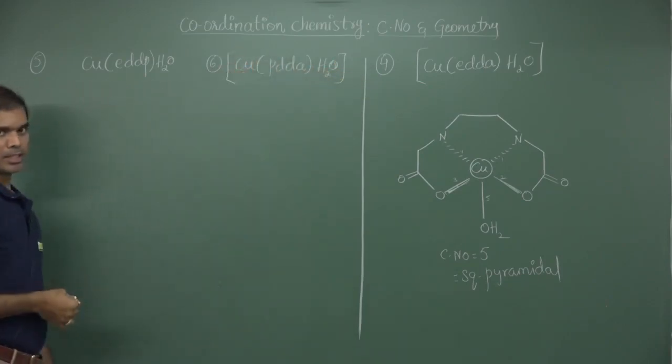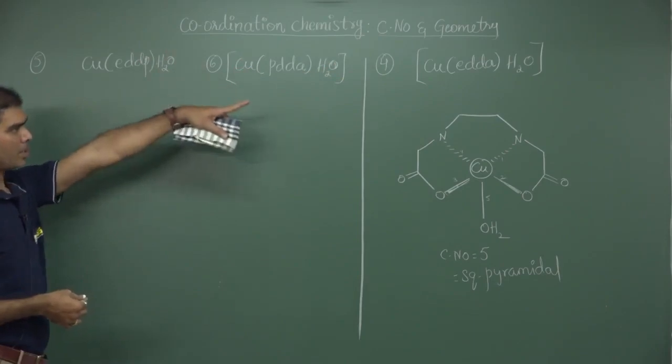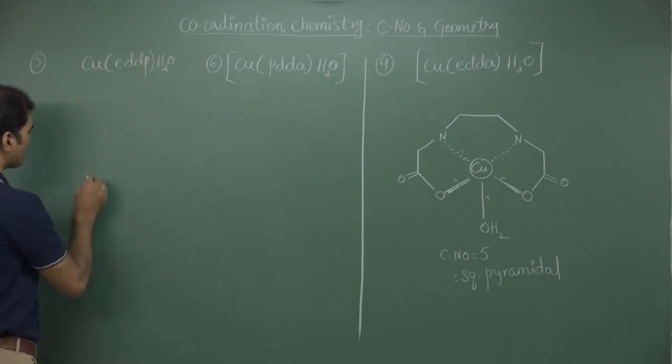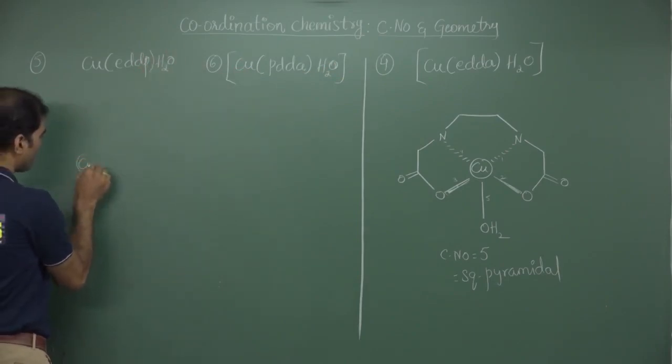Copper EDDP, ethylene diamine dipropionato, that is acetato, this is propionato. So copper will be the central atom.